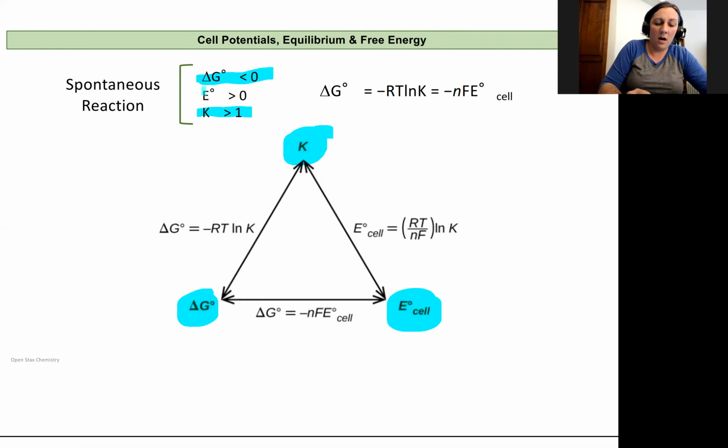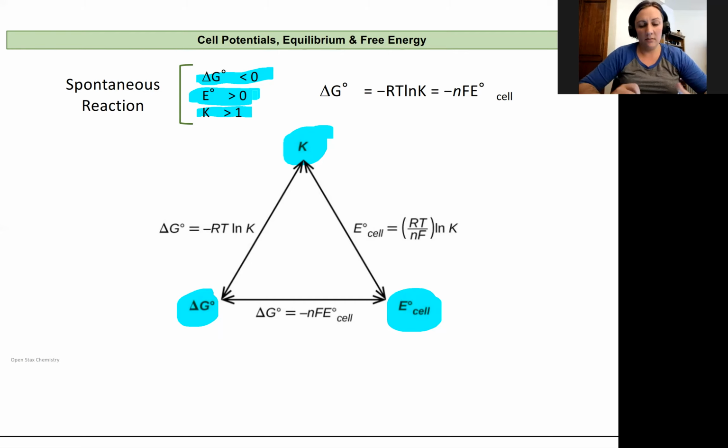And now our cell potential, if that's greater than 0, we expect a spontaneous redox reaction. So we have these three metrics that allow us to evaluate if a reaction will just happen or if we would have to put energy into the reaction to make it happen.